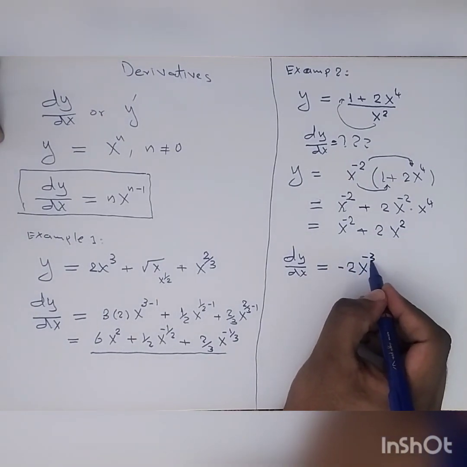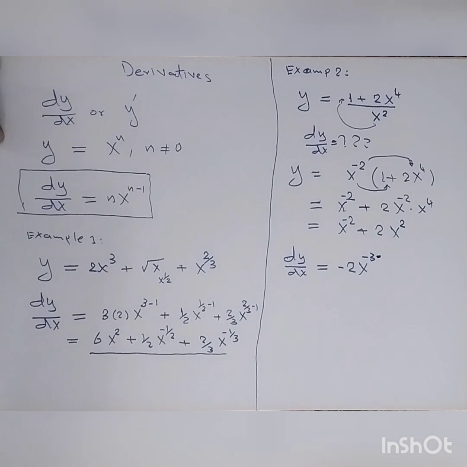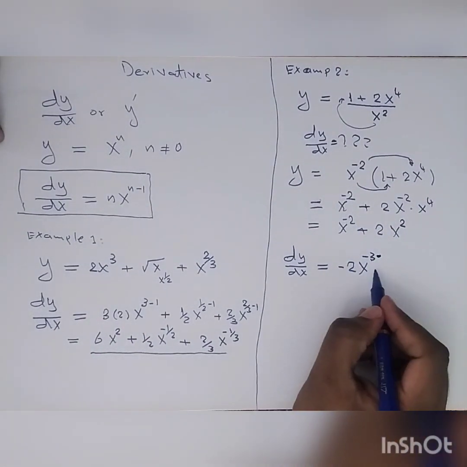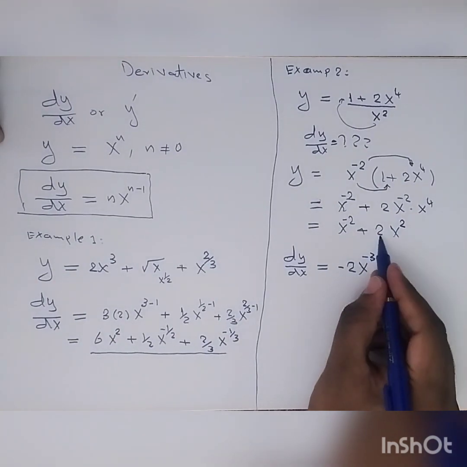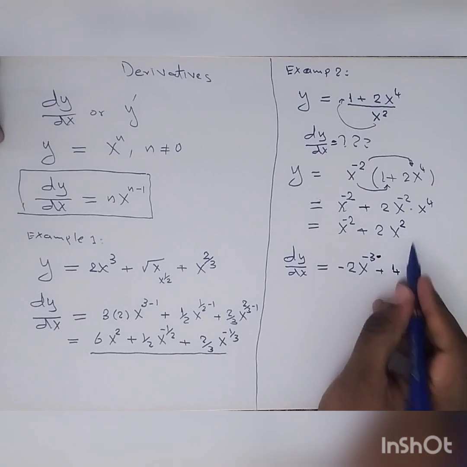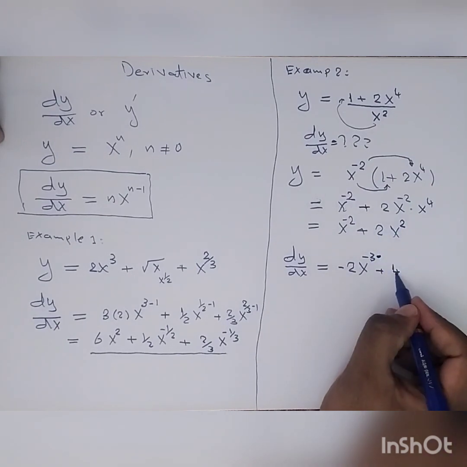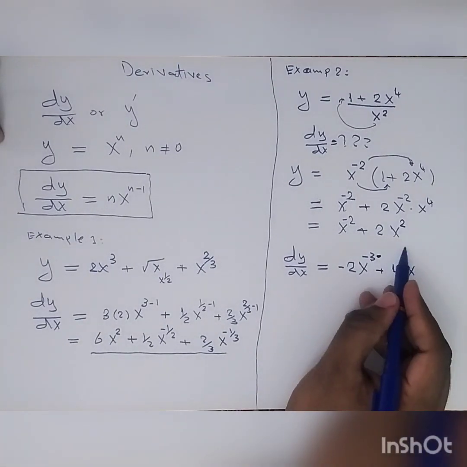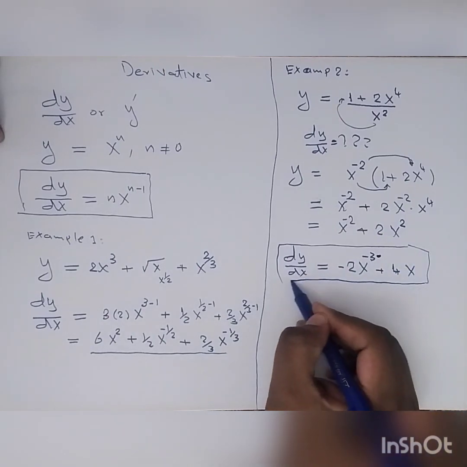Always, if you are not sure, just say negative 2 minus 1. Okay, so plus, and then again here we multiply by the coefficient, so we have 2 times 2, which is 4, and then x to the power, we subtract 1, which gives x. So this is the final answer of the derivative.